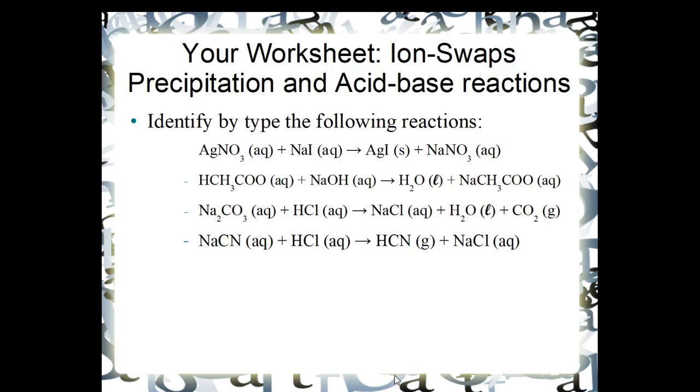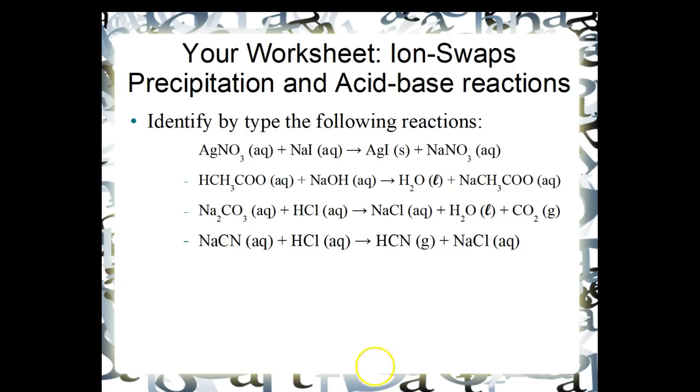Identify by type the following reactions: aqueous silver nitrate reacting with aqueous sodium iodide to form solid silver iodide and aqueous sodium nitrate. Acetic acid reacting with aqueous sodium hydroxide to form liquid water and sodium acetate solution.